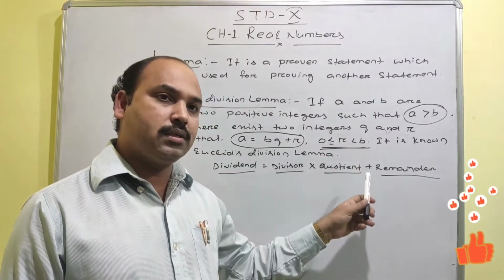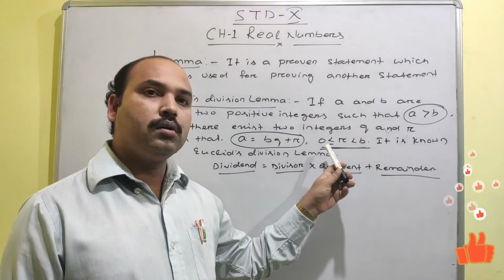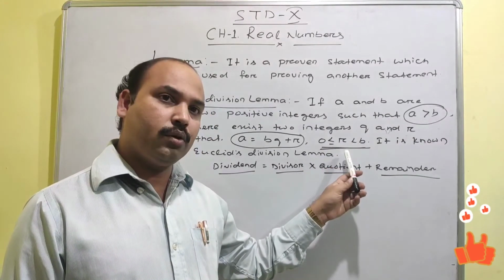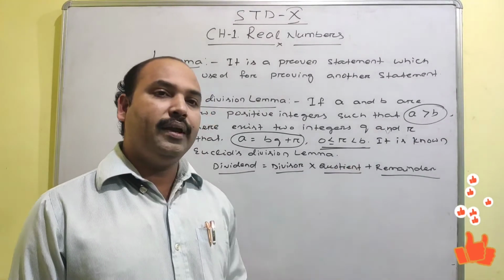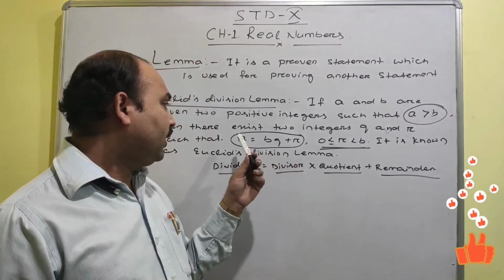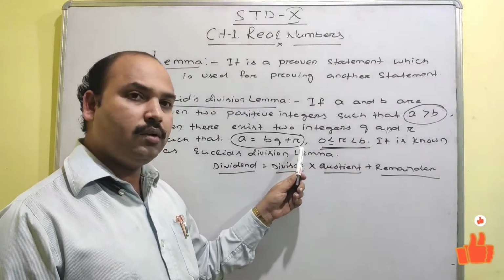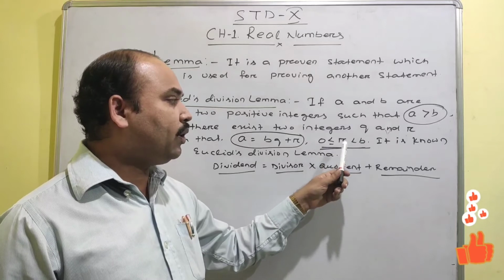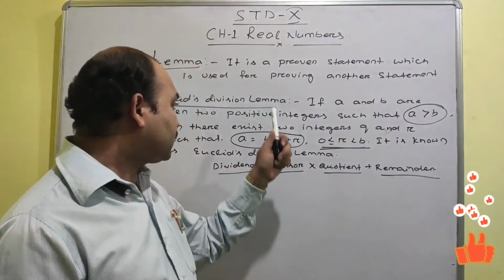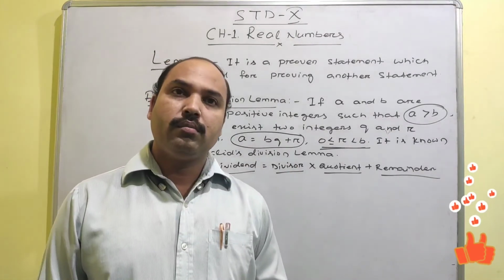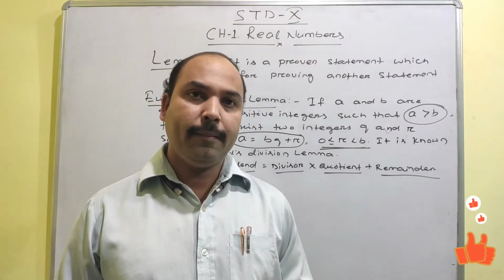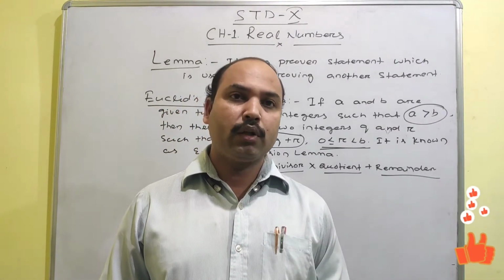It is always 0 or greater than 0, but the remainder will be smaller than the divisor. That is written here: a equals bq plus r, where 0 is smaller than or equal to r and r is smaller than b. So this part is known as Euclid's division lemma. Got it? Now we will discuss the algorithm.